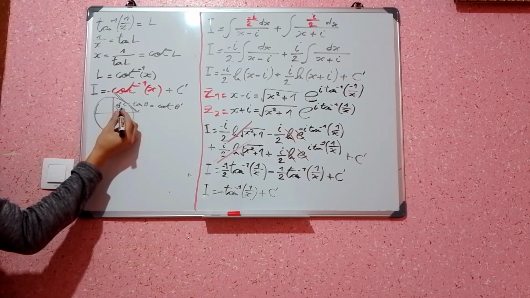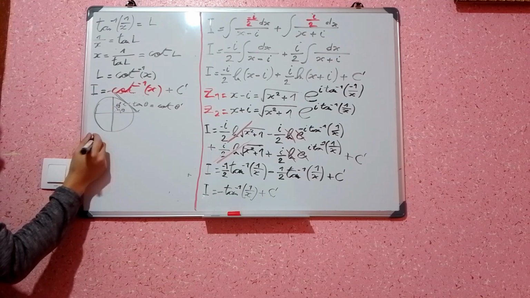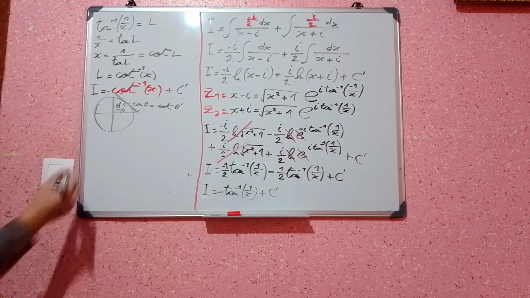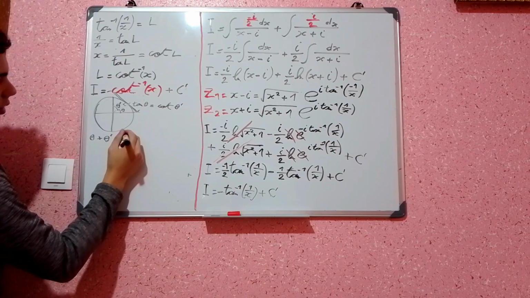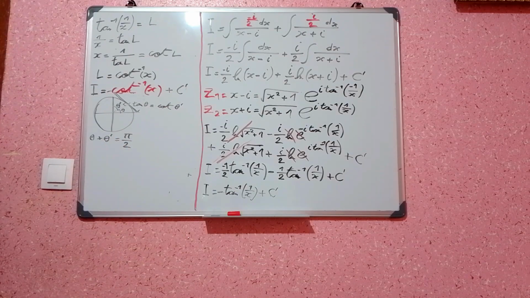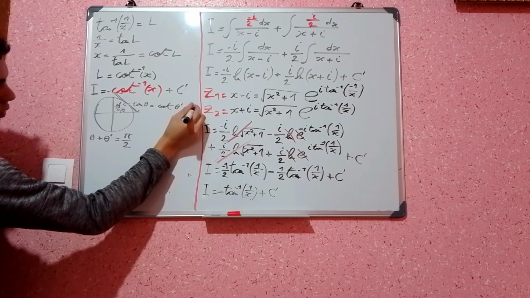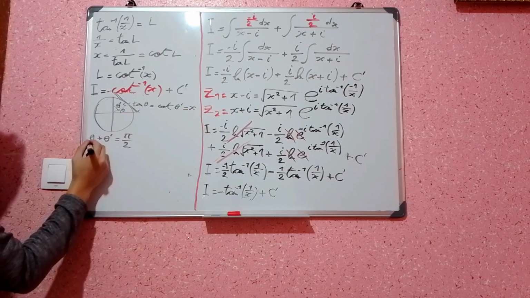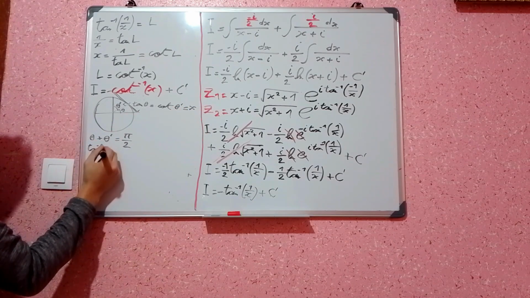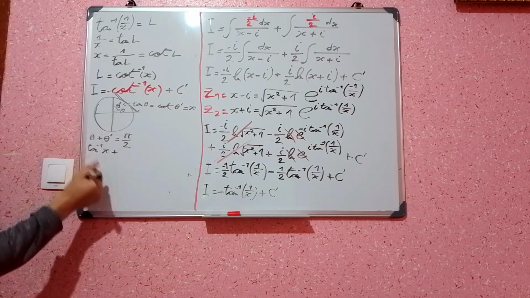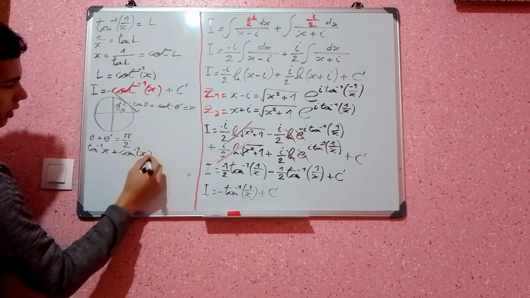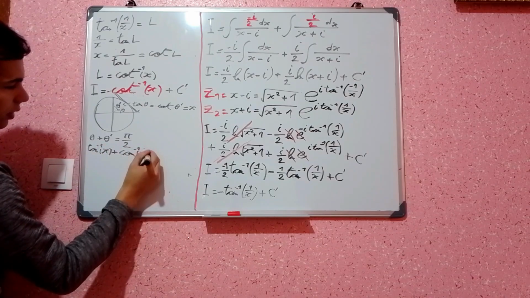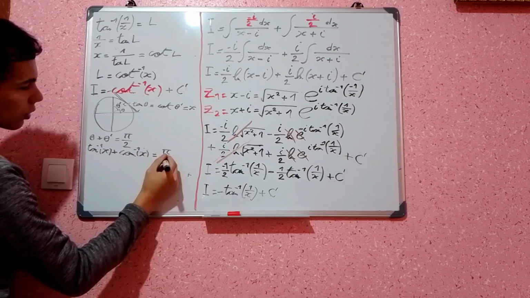You know this theta prime plus theta will equal pi over 2. So theta plus theta prime equals pi over 2, okay? And if we put this equal to x, theta is the same as inverse tangent of x plus, and cotangent is the same as inverse cotangent of x, okay? This will equal pi over 2.